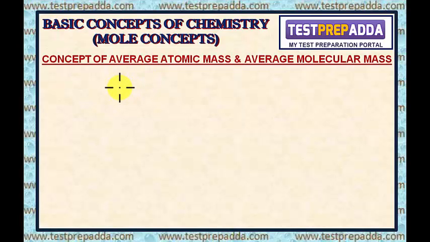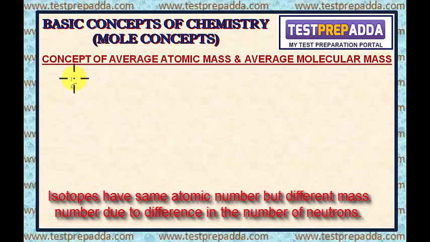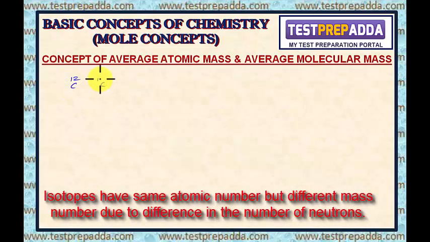Many elements have isotopes. For example, you must be aware of carbon 12, carbon 14. So carbon has got these isotopes. Chlorine Cl35, you must be aware of Cl37. Chlorine isotopes. Hydrogen isotopes, you must be aware of 1H1, 1H2, 1H3.